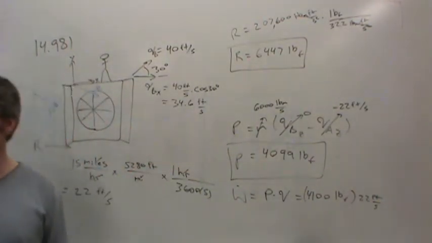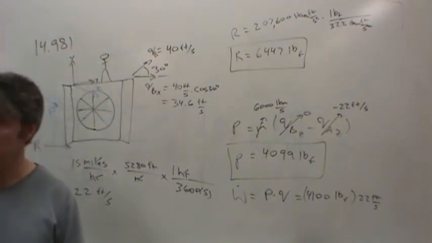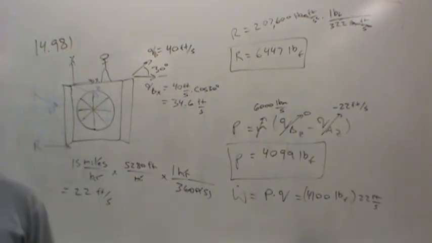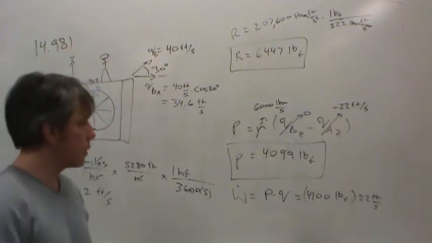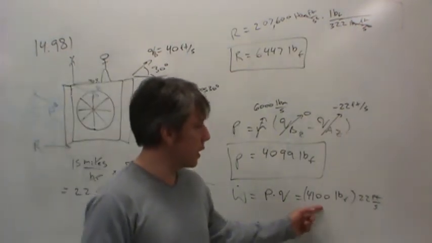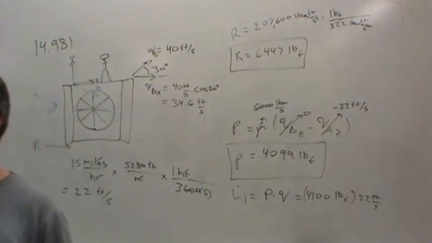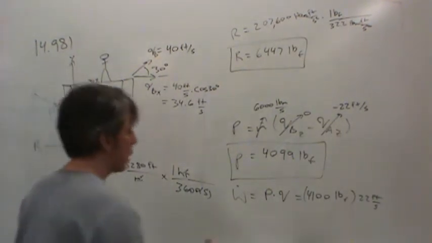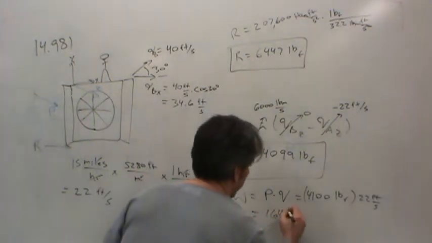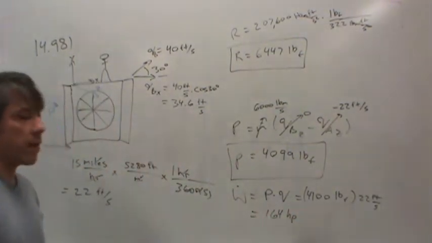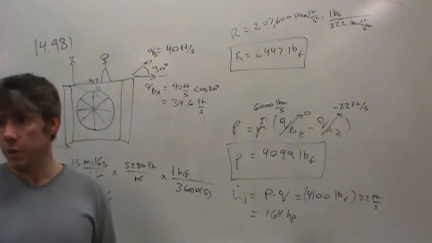Once you get pounds force feet per second, divide it by 550, and you'll have horsepower. So grab your calculators, don't put them away yet. 4,100 times 22 divided by 550 is how much? 164 horsepower.